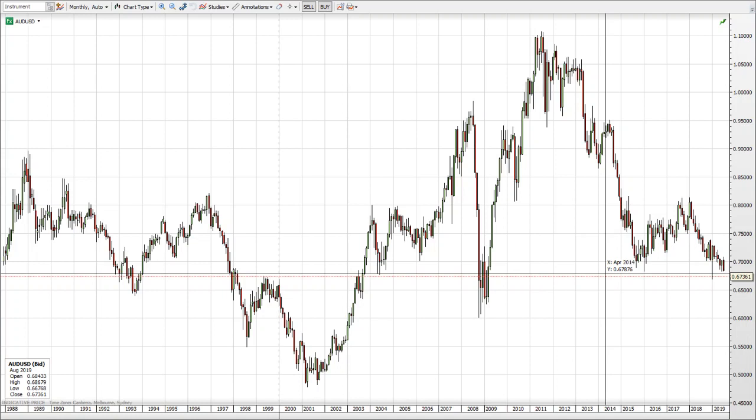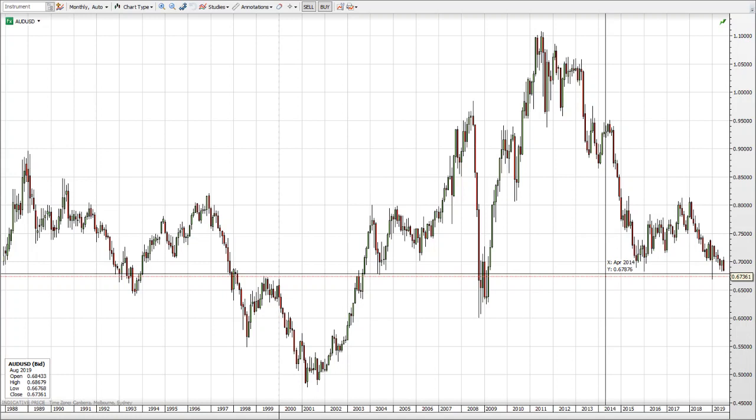Those clowns in politics have decided to try and go for twin surpluses, which is a terrible way to stimulate your economy when the global outlook is not looking too great, especially if the trade war escalates, because that is going to have a very direct impact on Australia, considering how linked Australia and China are in terms of trade. So what's bad for China could potentially be bad for Australia.